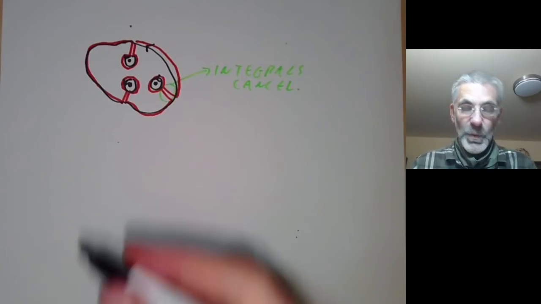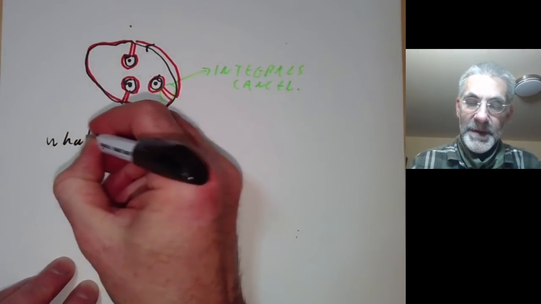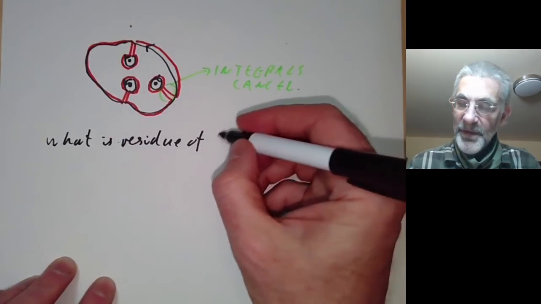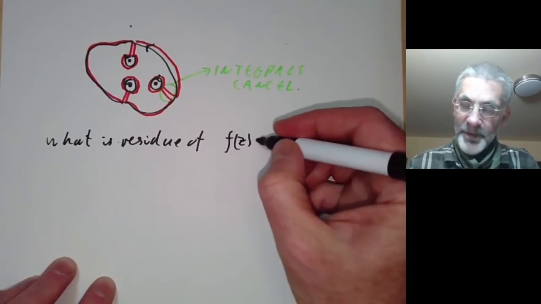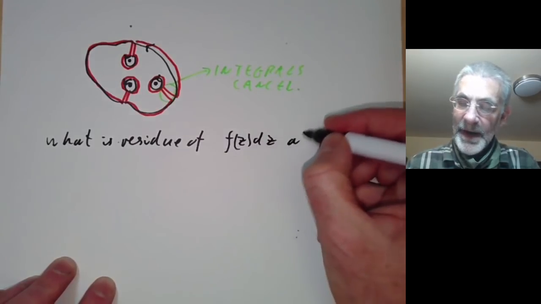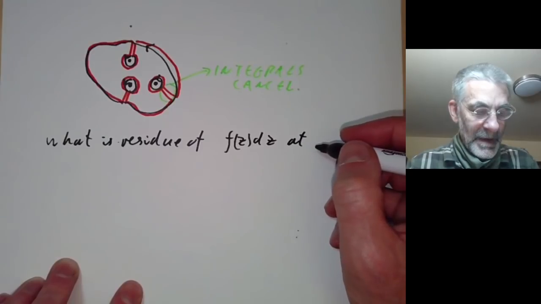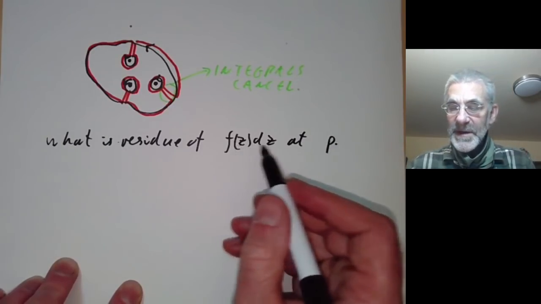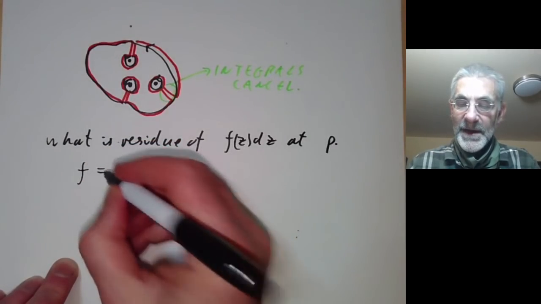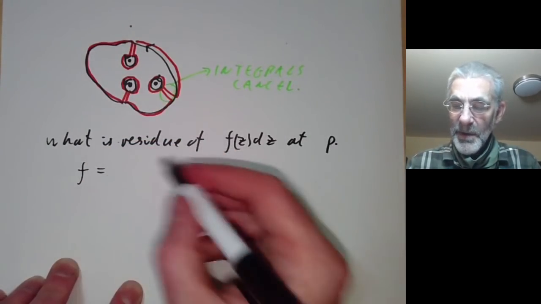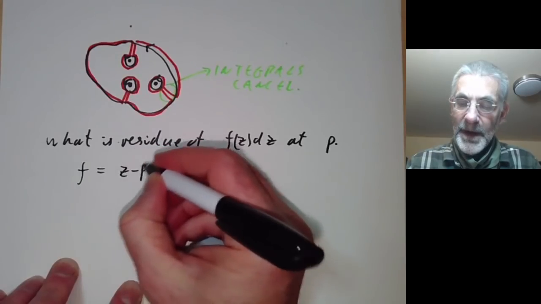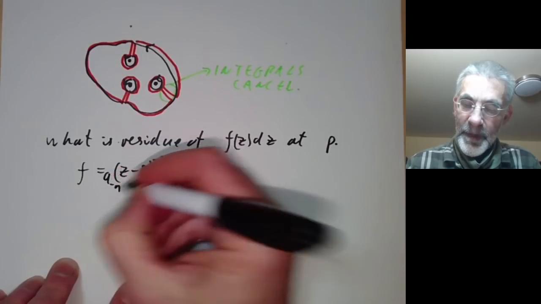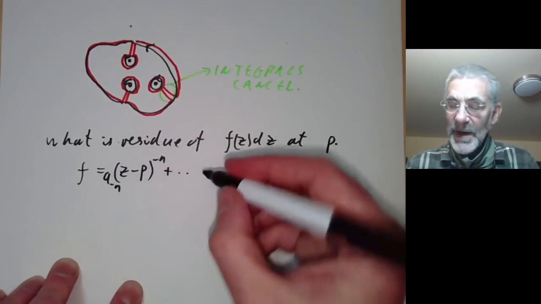So the next problem is, what is the residue? So what is the residue of f(z) dz at a point P? Well, what we do is we expand f as a Laurent series. So a Laurent series is like a power series, only you allow a few negative coefficients.